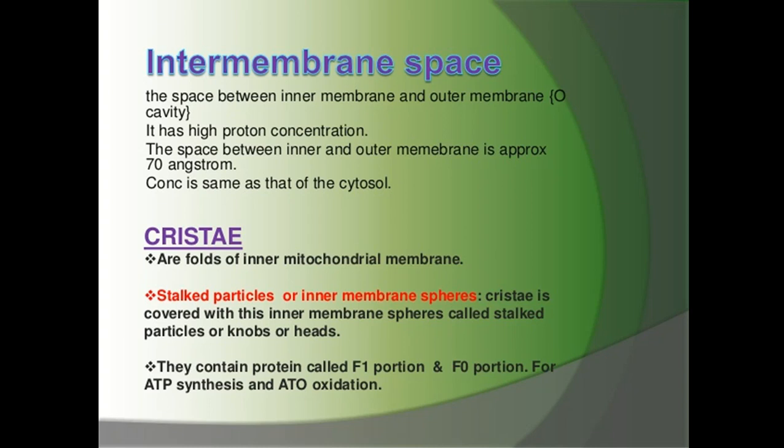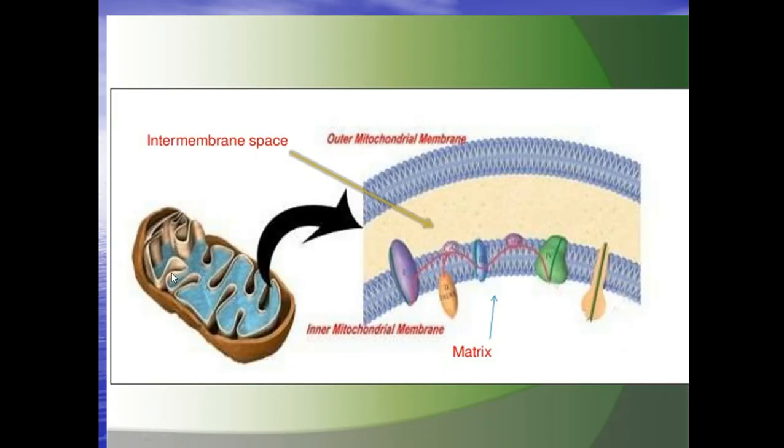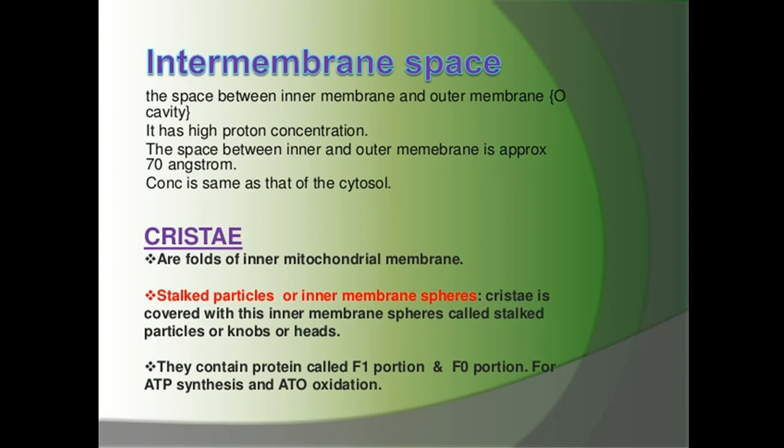Then the cristae. I have told you the cristae are nothing but the folds of the inner mitochondrial membrane. See these finger-like foldings, projections that it makes of the inner mitochondrial membrane, we call them cristae. And the cristae are covered with inner membrane spheres, which are called stalked particles, or they look like knobs or heads.